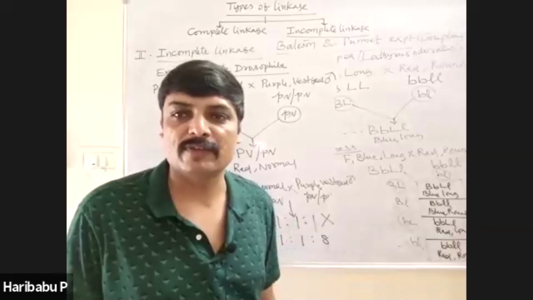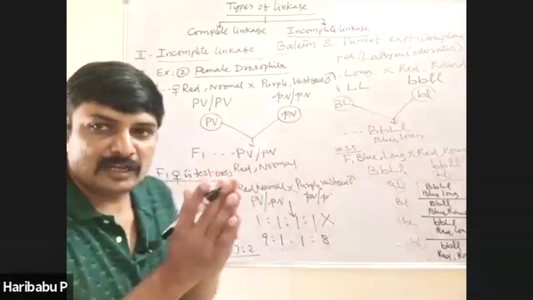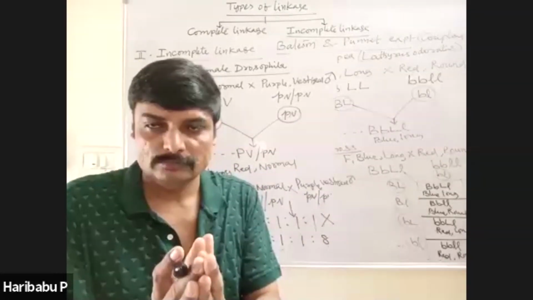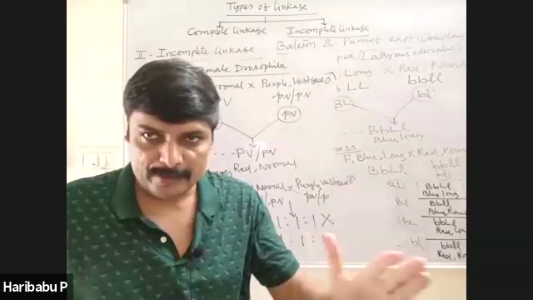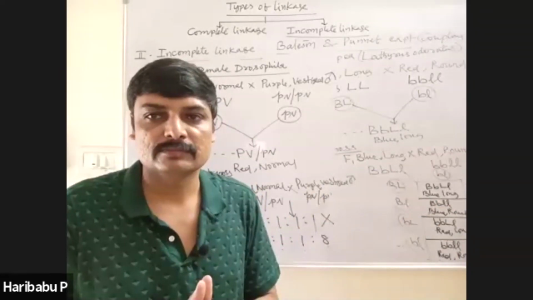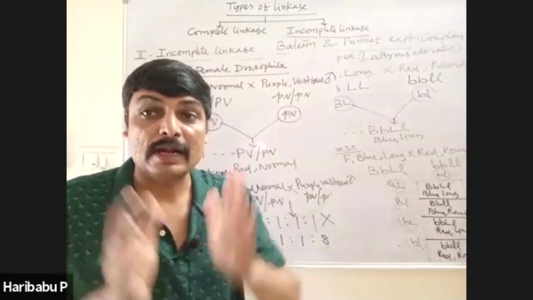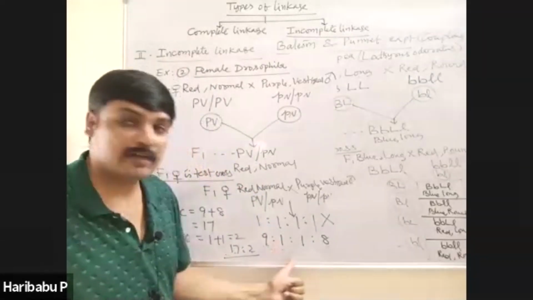As in the earlier case, when genes present on the same chromosome are far apart, there is a possibility of crossing over and hence recombinations are produced.